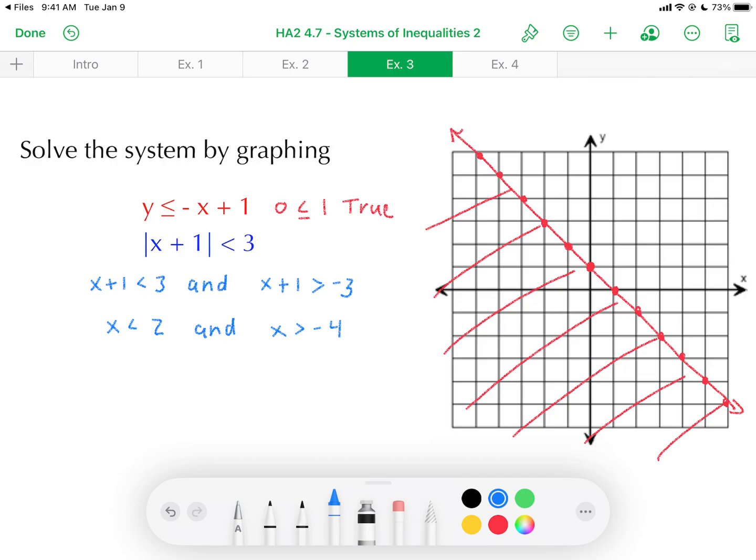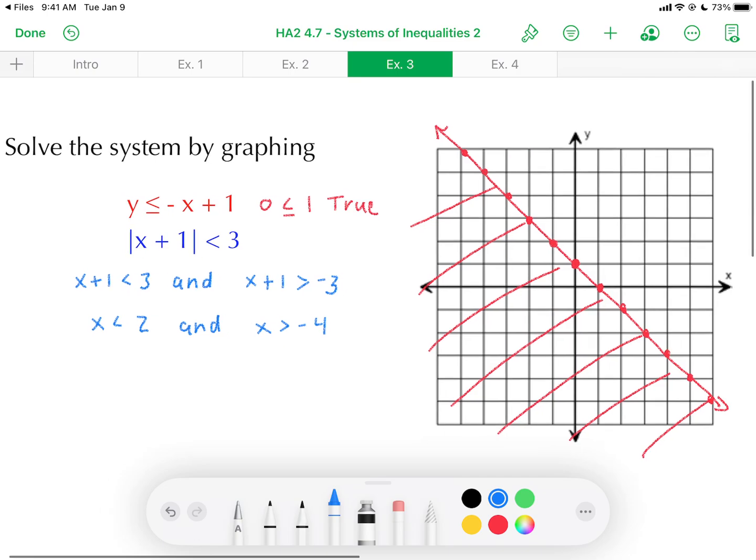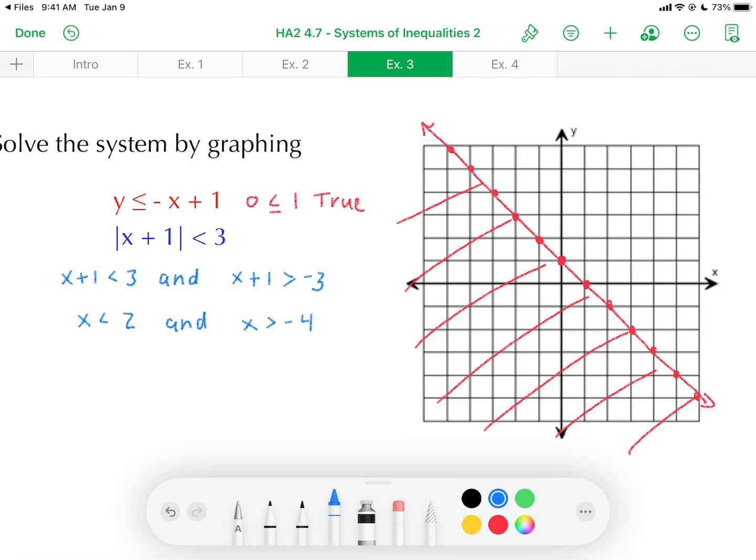Okay, so now the question becomes, how do you graph something like that in a 2D plane? Well, think, if that were x equals 2, what would that graph look like? It would be a vertical line, and same with x equals -4, right? So the only difference is we just make them dashed lines now.